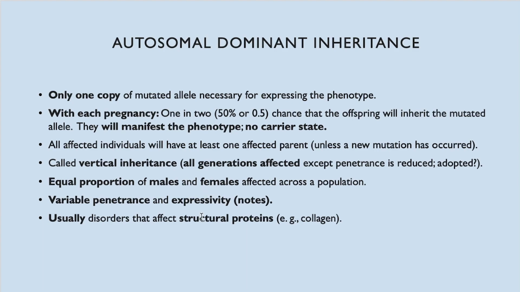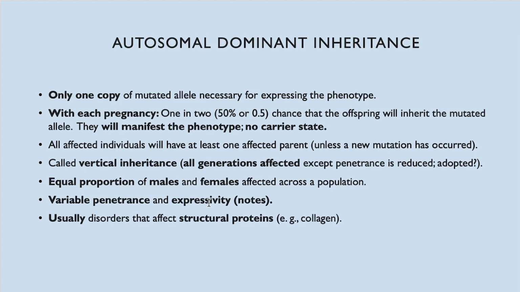Expressivity refers to the degree or the severity of the disease, the intensity of the phenotype, in those that have the condition. Expressivity can be variable or unvarying. Variable expressivity means the symptoms vary in intensity among people.